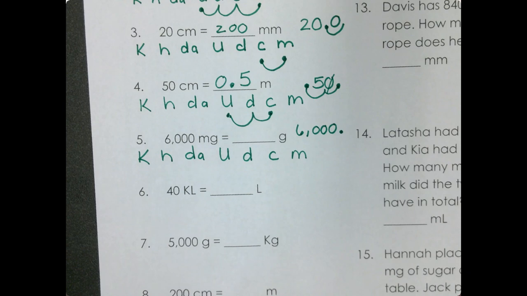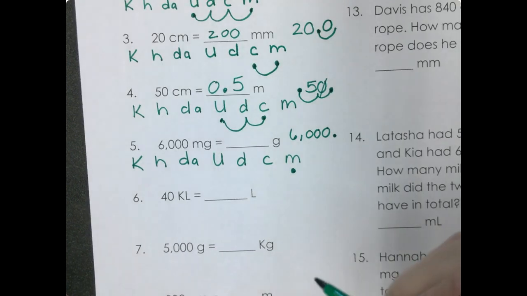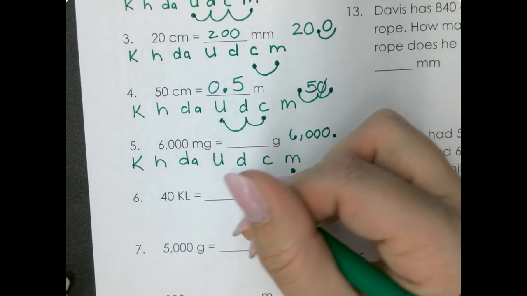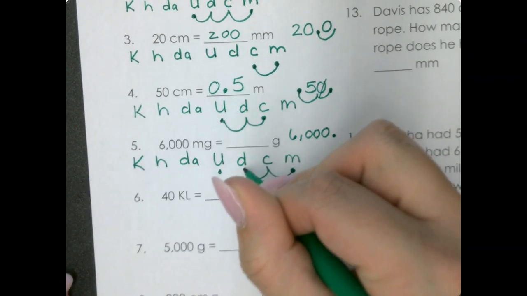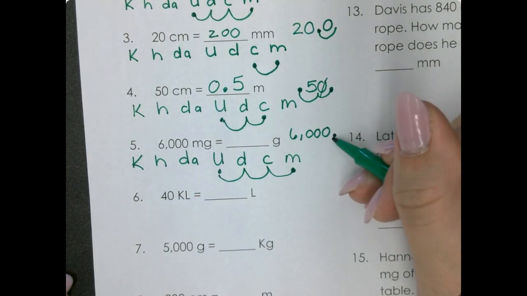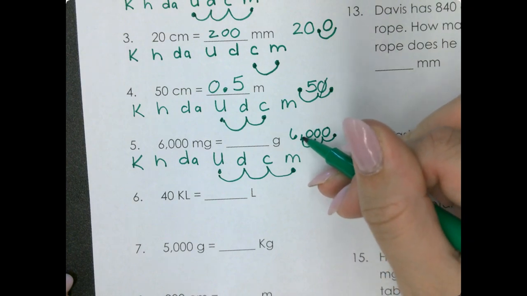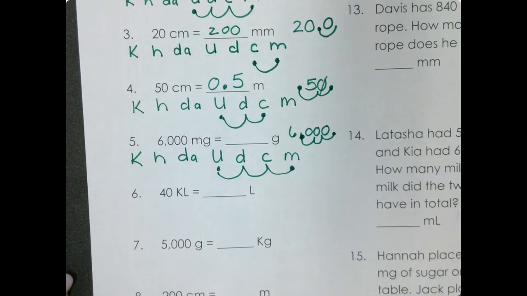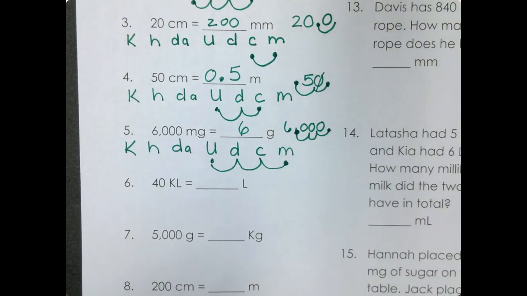Milligrams. Milli. M. To grams. What letter's grams? U. 1, 2, 3. Take my decimal. 1, 2, 3. We just went from 6,000 milligrams to only 6 grams.